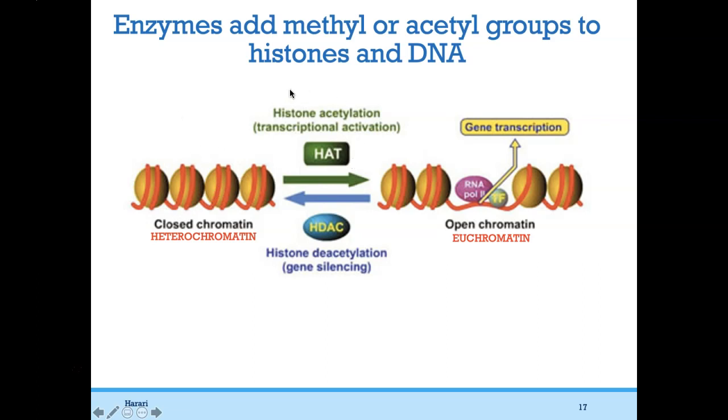So a HAT, an enzyme that acetylates histones, can turn heterochromatin into euchromatin, basically activating gene transcription overall. A HDAC is a different type of enzyme that would silence genes by removing all the acetyl groups from euchromatin, thus tightening it into heterochromatin.